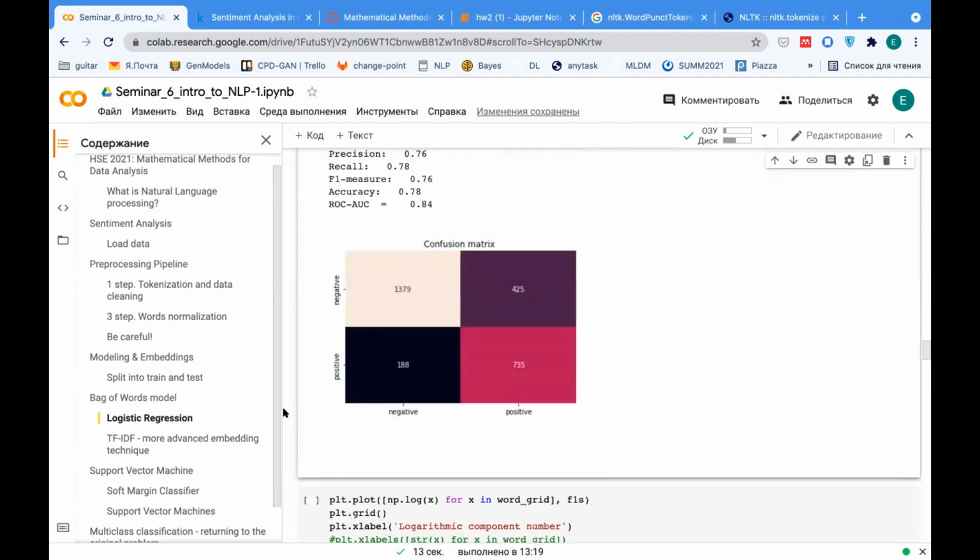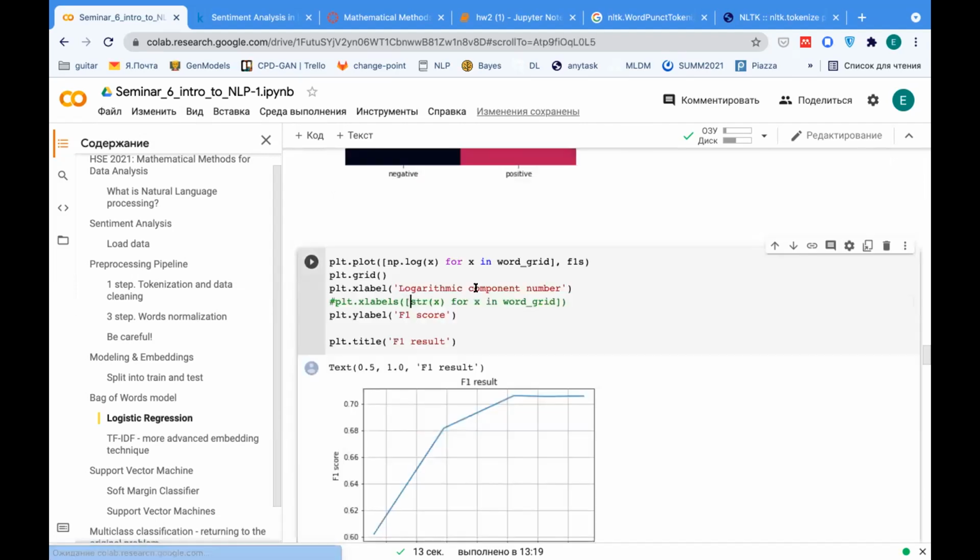And also we should remember that the more words we use in our model, the bigger our vectors will be. So it should be harder to work with them, and it will take longer. So it's not good. We need to choose the best number of words, and also we should get the best results.